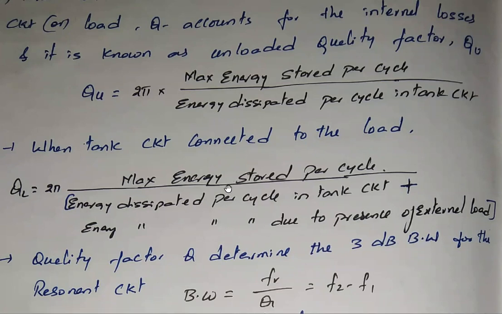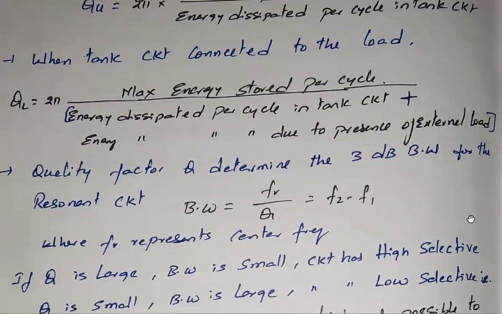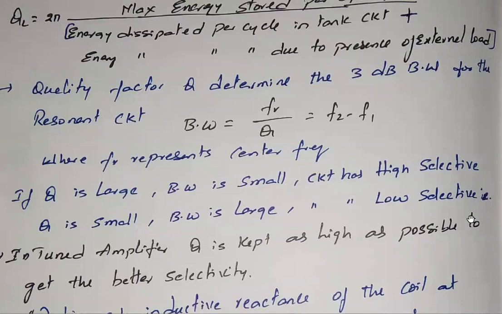Whereas for the loaded circuit, the denominator adds one more component, that is energy dissipated per cycle due to the presence of an external load. And what is the effect of adding an external load on the quality factor? Similarly, the relation between the quality factor and bandwidth is bandwidth equals FR by Q, or Q equals FR by bandwidth, that is F2 minus F1.